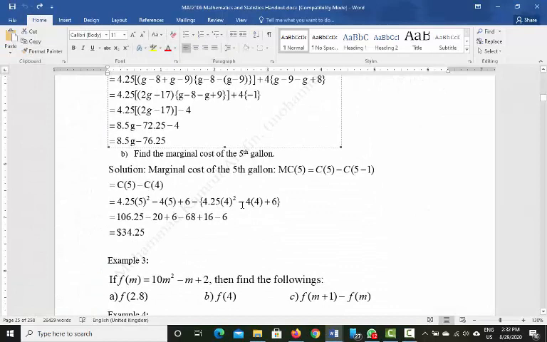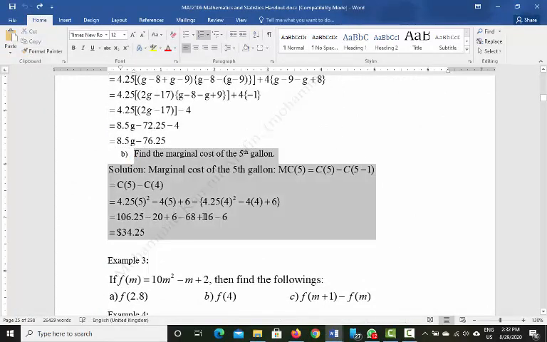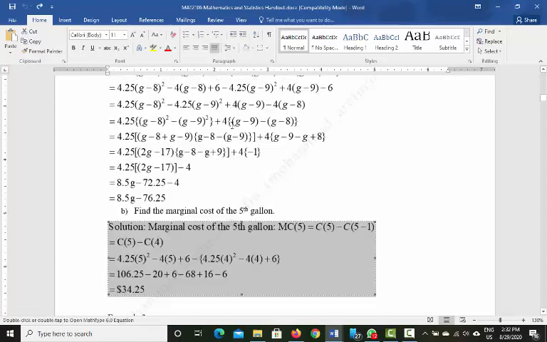Now the second question: find the marginal cost of the 5th gallon. Obviously it is C5 minus C4, where C is the cost function, as we already know.